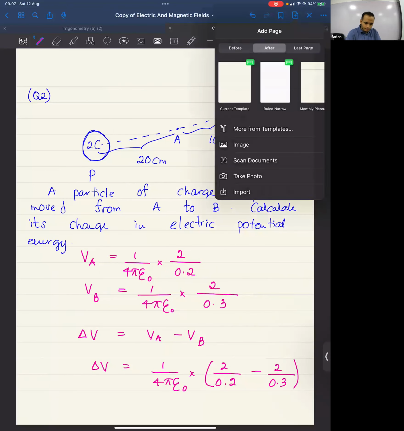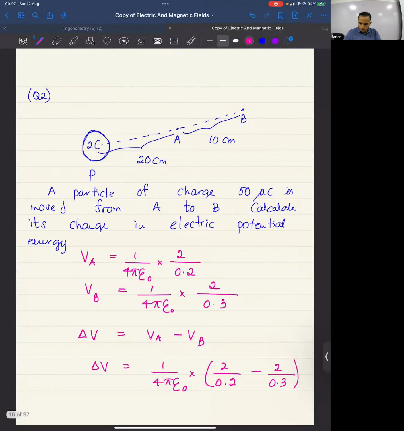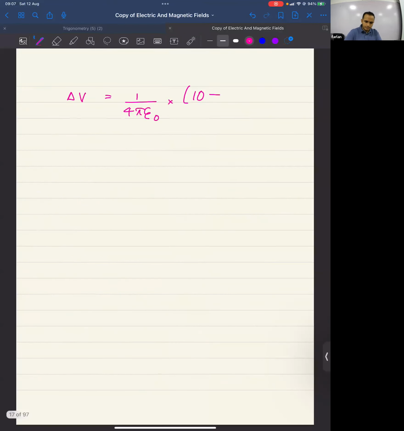So which means the potential difference is 1 over 4 pi epsilon naught times 2 over 0.2, which is 10, minus 2 over 0.3, which is 20 over 3. That gives 1 over 4 pi epsilon naught times 10 over 3. You can use a calculator. This is the delta V.